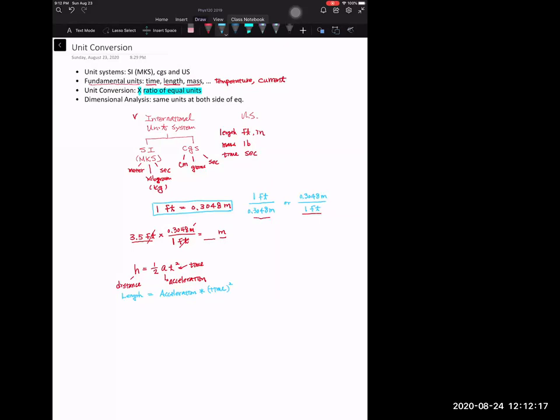Okay, with this you can actually know what the unit for the acceleration is. If you don't know what acceleration is, but you want to know what the unit of the acceleration is, you can use this to figure it out.